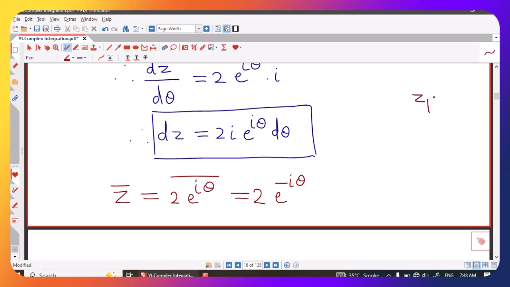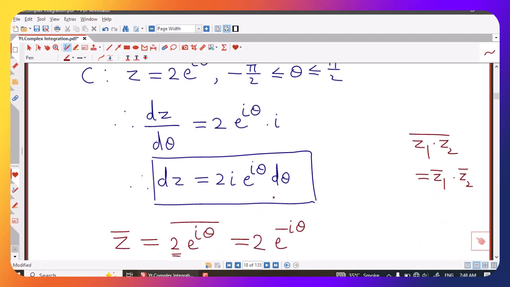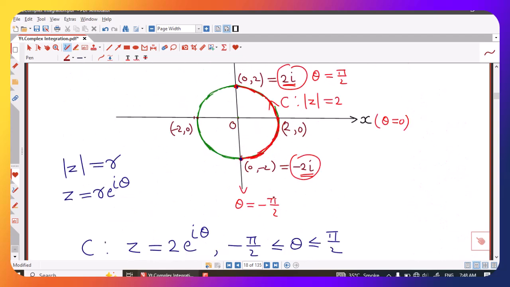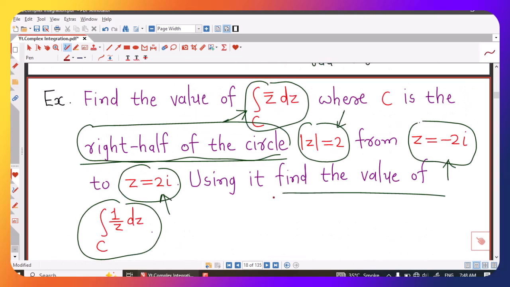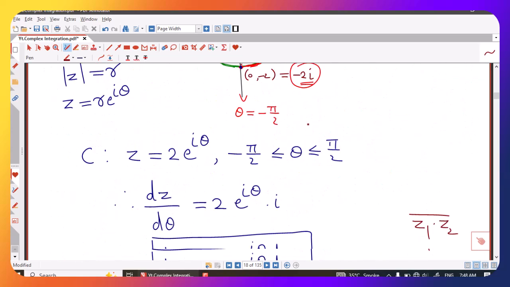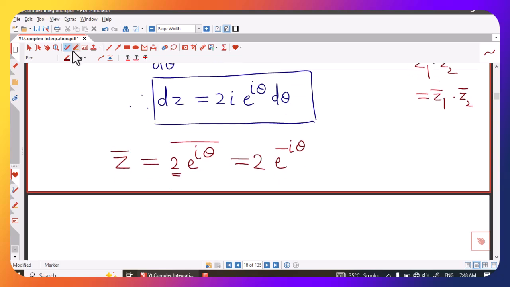If we have two numbers in a product and we take their conjugate, this is equal to the conjugate of z1 into the conjugate of z2. Now 2 is a real number, so the conjugate of 2 is 2 itself, and the conjugate of e raised to i theta is e raised to minus i theta. So our function is also converted in terms of theta. So now we can find this integral of z bar along this contour C.